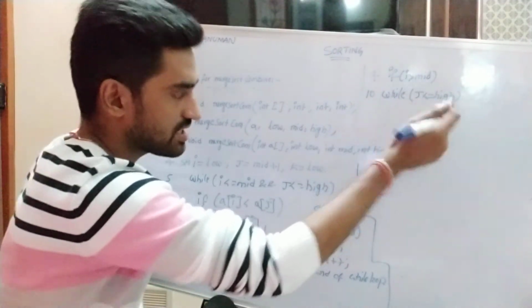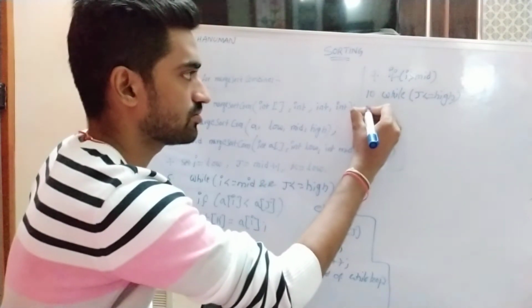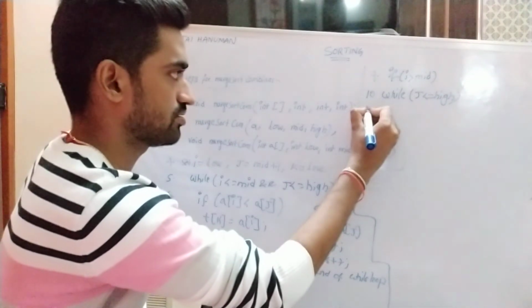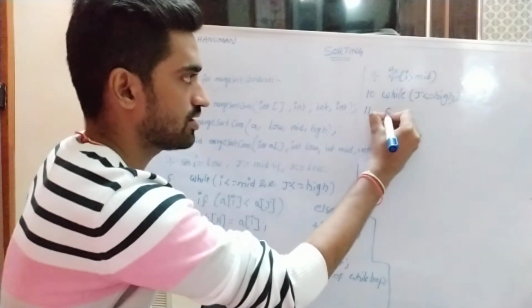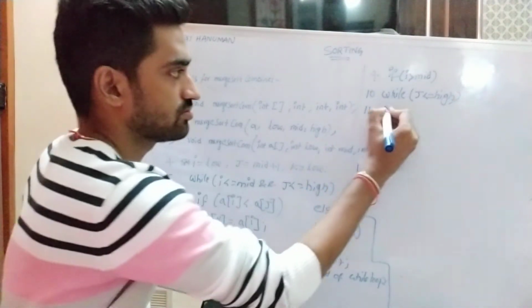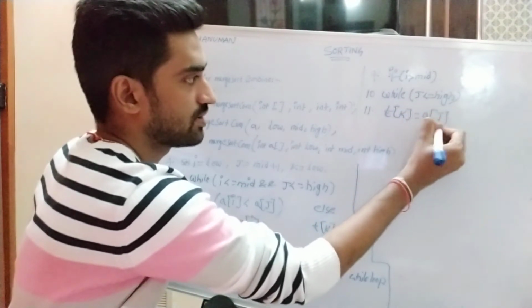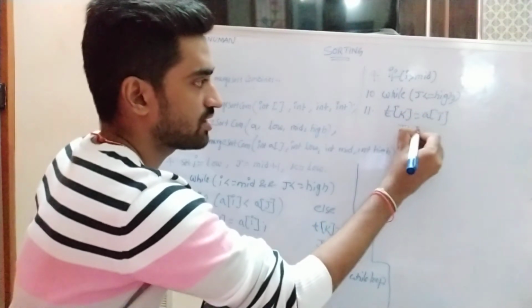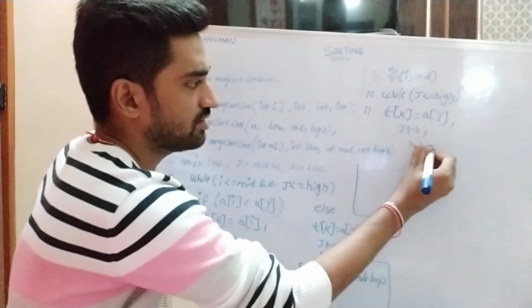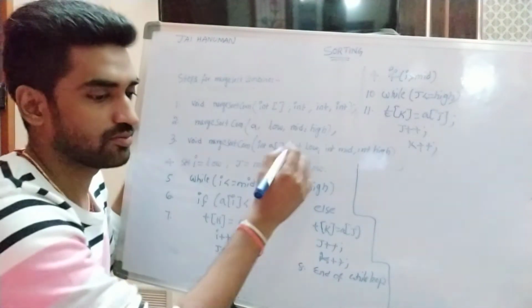So while j less than or equal to high, then we are copying t of k is equal to y of j, then j is incremented by 1, k is incremented by 1, right?